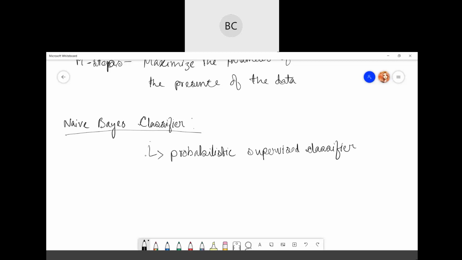So it predicts something on the basis of probability, and it basically uses Bayes theorem.